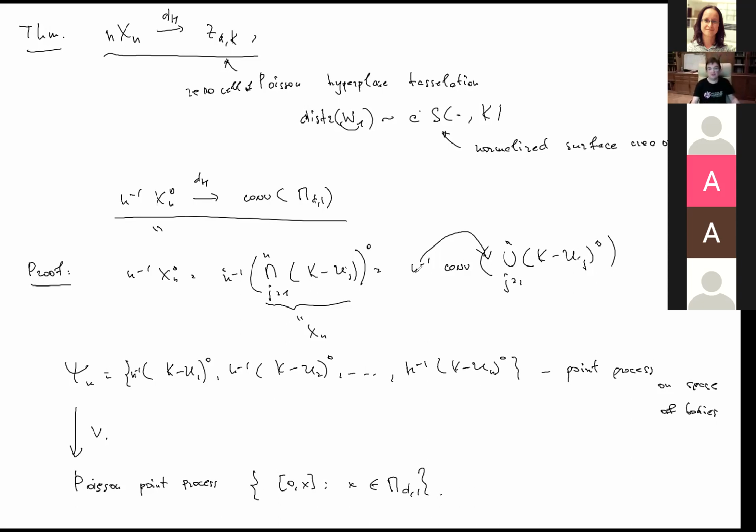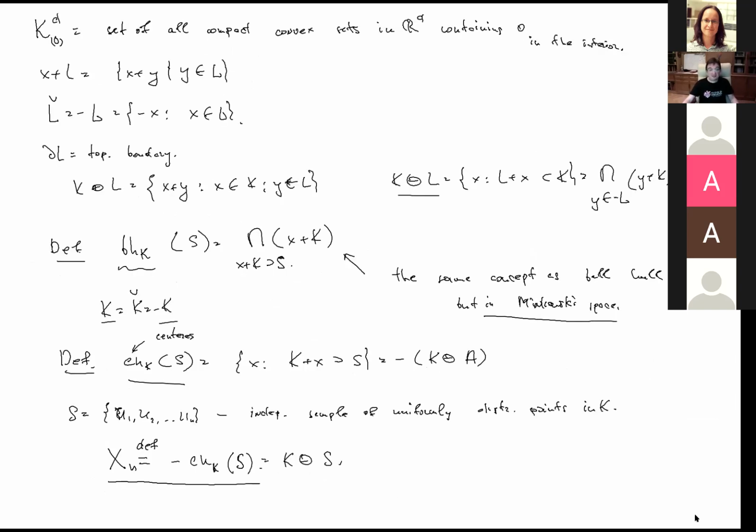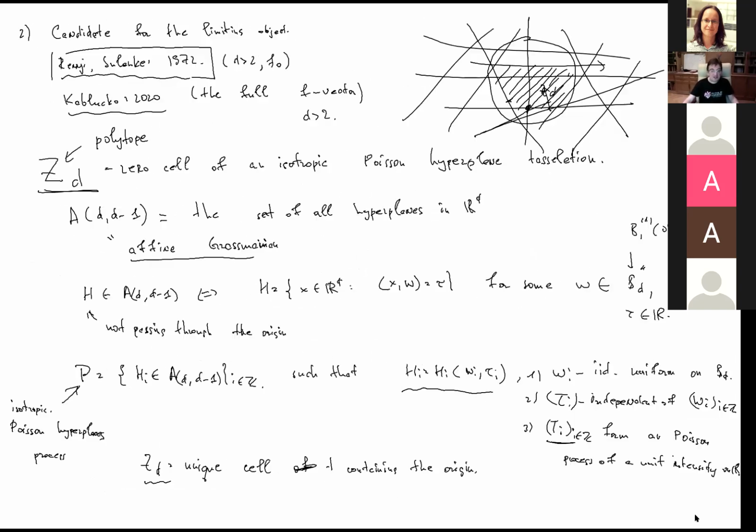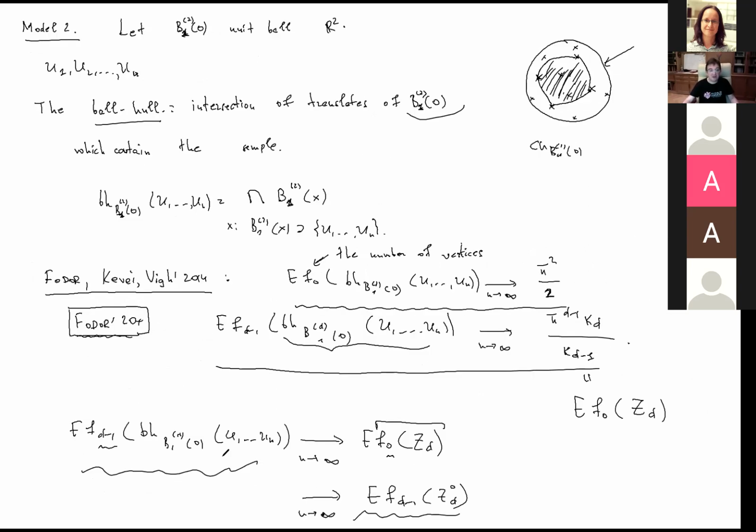And then taking the convex hull gives you this result. And this result is obtained by passing to polar sets. And this is an explanation. Of course, after some additional efforts, you can show that f-vectors are continuous with respect to convergence in Hausdorff distance, after appropriate definition of the k-dimensional faces, and you can prove this convergence for all moments. Okay, I will stop here because I don't have time anymore. Thank you for your attention.